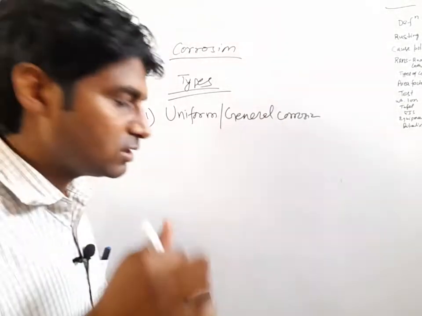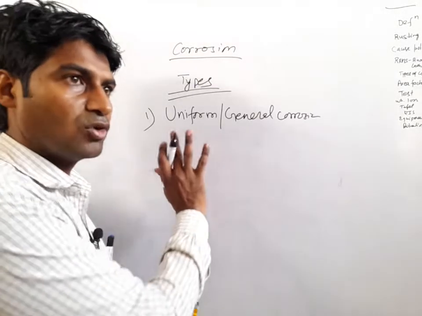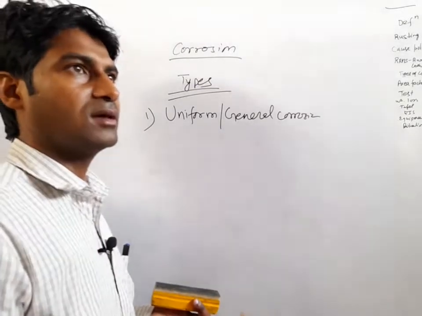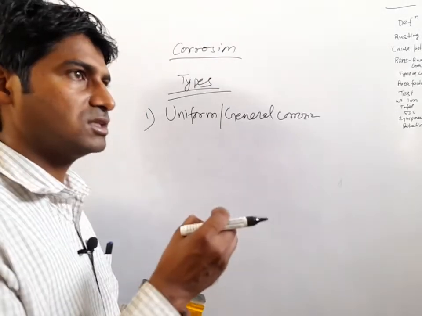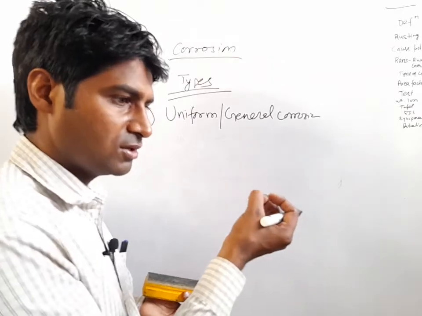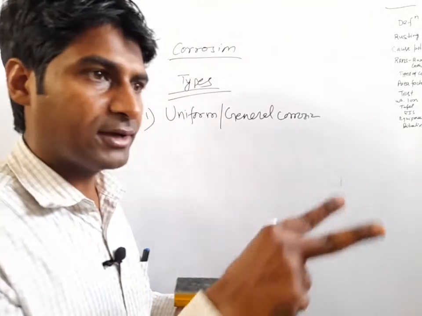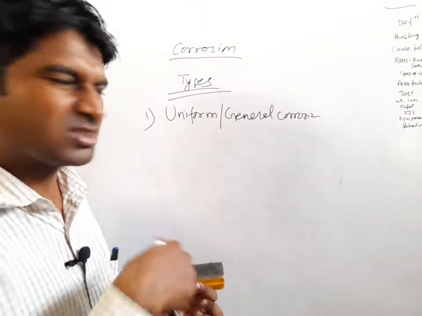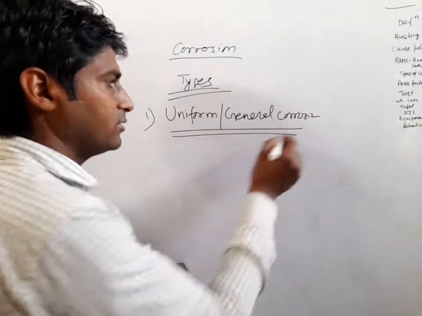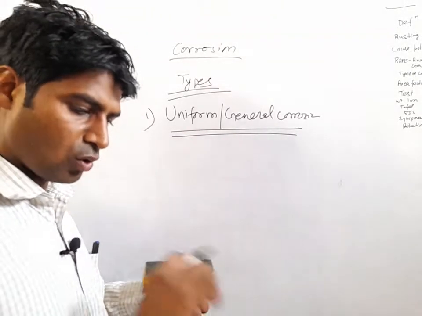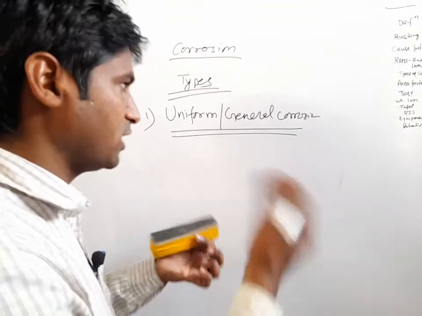Uniform or general corrosion is what we normally face everywhere in the environment, because when we see some rusted material, like an iron pillar or something, this is very common, and this occurs on the whole surface of that equipment or object.